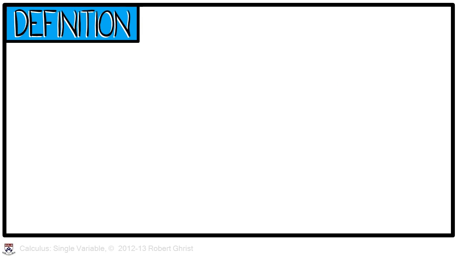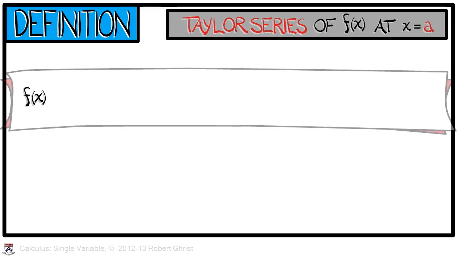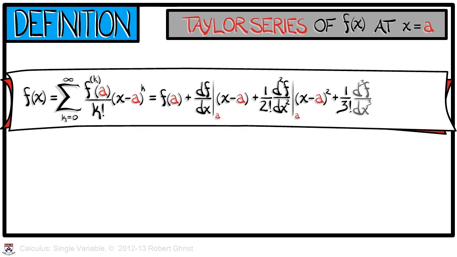This is an important definition. The Taylor series of f at x equals a is the sum, k goes from 0 to infinity, of the kth derivative of f evaluated at a, divided by k factorial, times the quantity x minus a to the k.